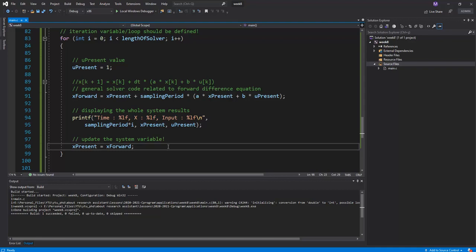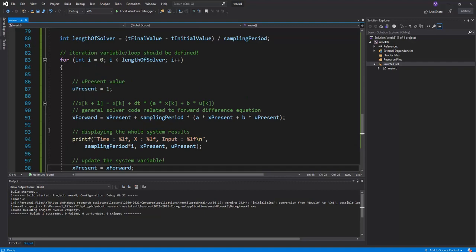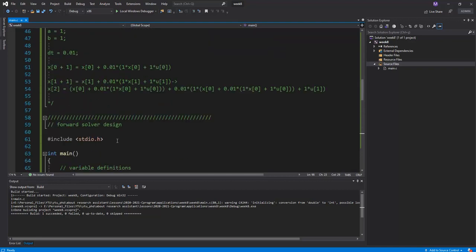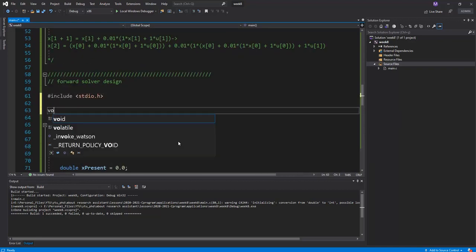Okay, and so how can we create the function block in order to use this forward difference equation by calling only one function? We can create the function prototype in here.